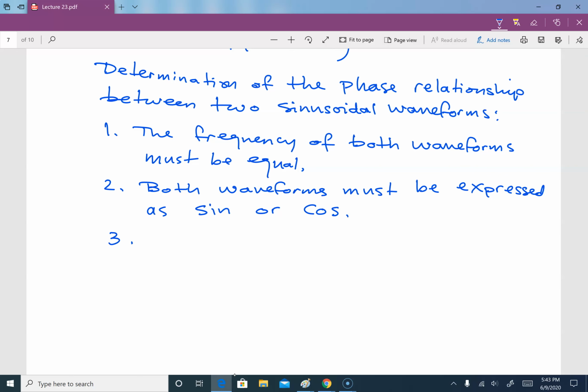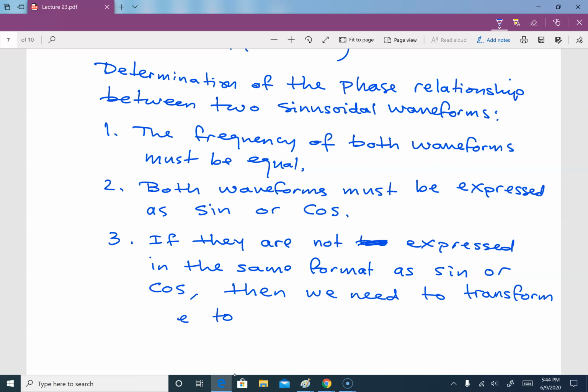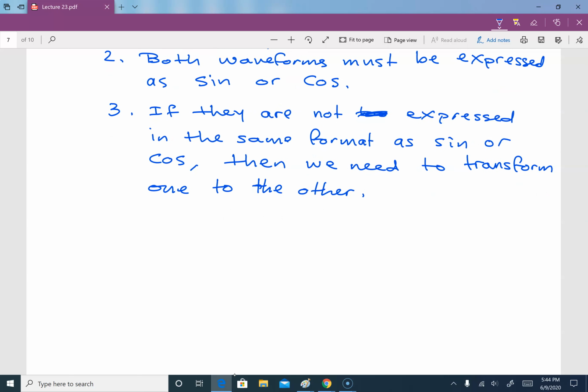And the third, if they are not expressed in the same format as sine or cosine, then we need to transform one to the other. What that means, let me explain for these 3 points.